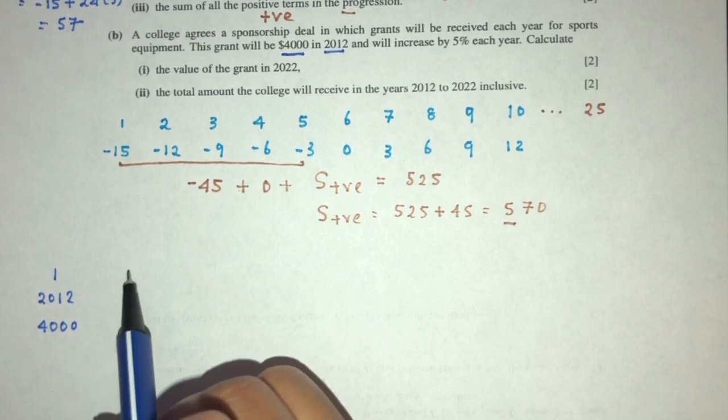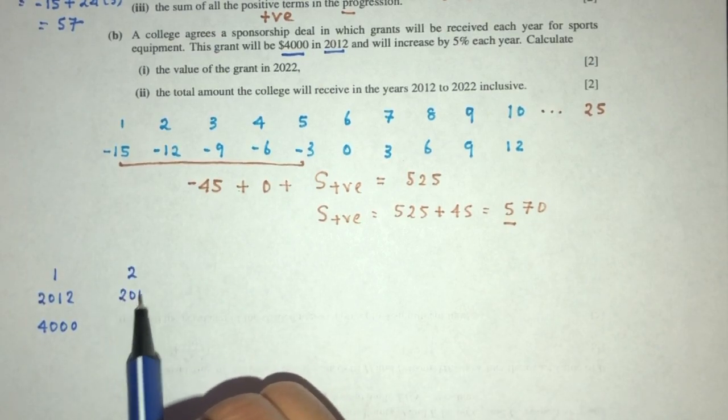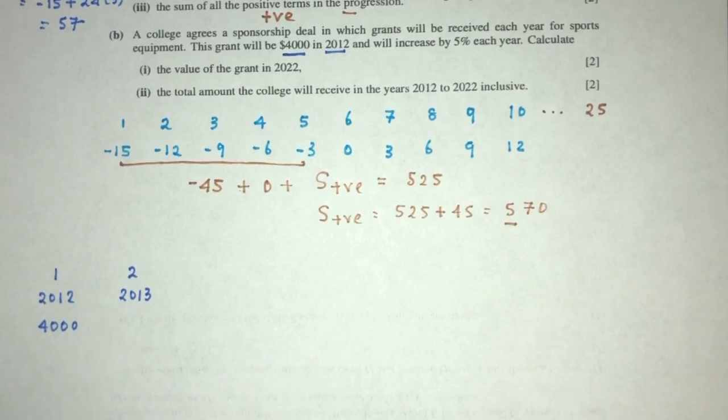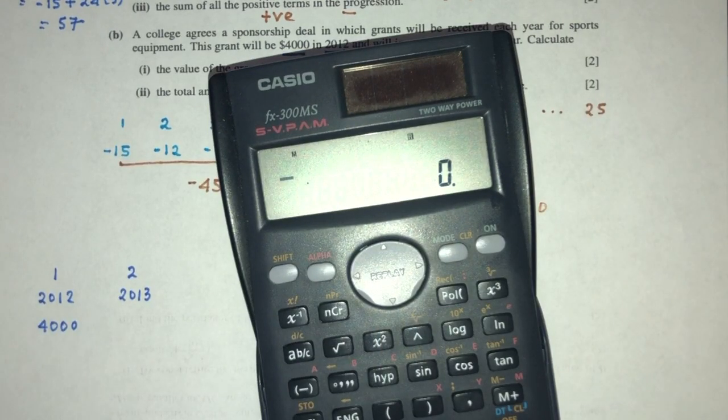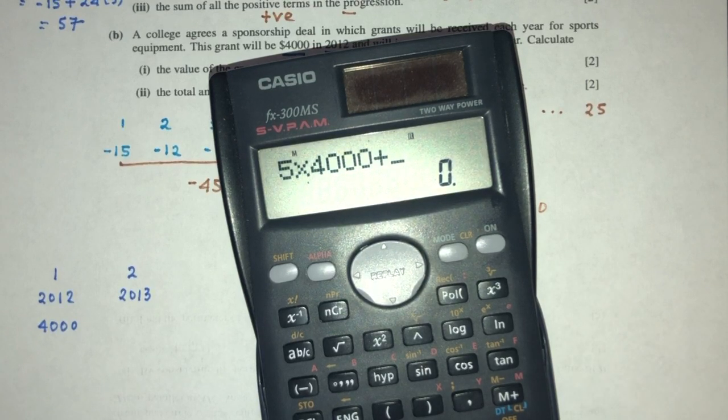So which means second term, the year will be 2013. If it increases by 5%, what is the new grant? The new grant will be 5% times 4,000 plus the initial amount. So 5% is 5 divided by 100 times 4,000 plus the initial amount.